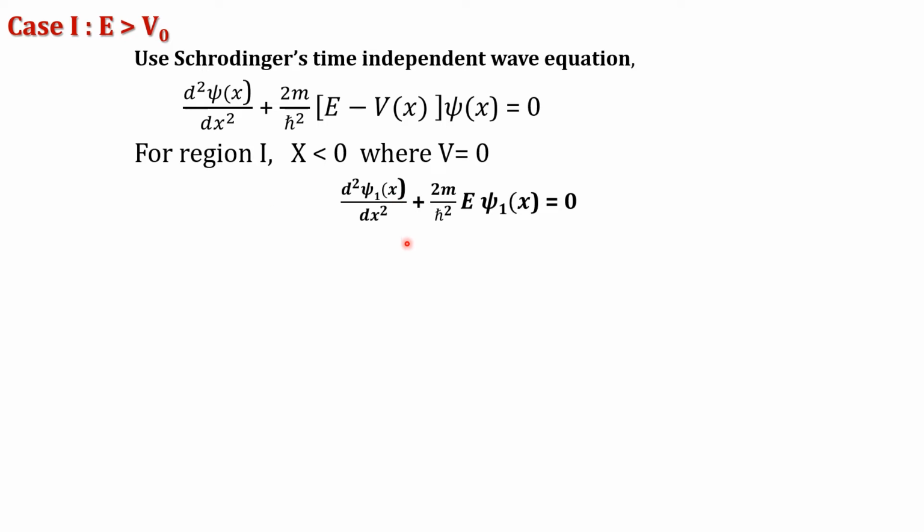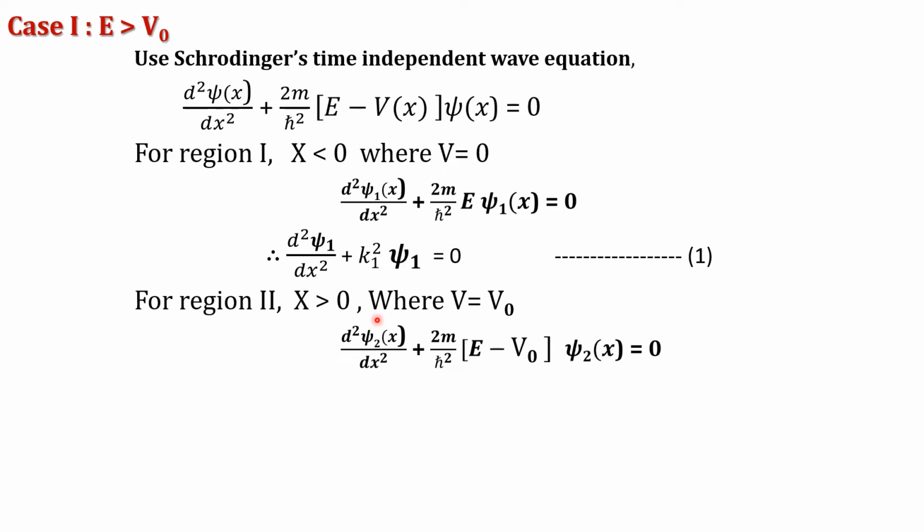If it enters region 2, the function changes, hence we write the second equation for region 2. The equation 1 is d square psi 1 by dx square plus k1 square psi 1, where k1 square is a constant. That constant we express in terms of energy, that is 2m by h cross square E.